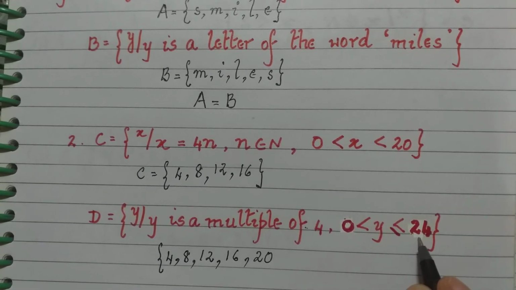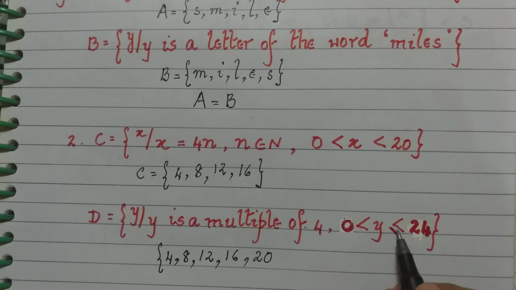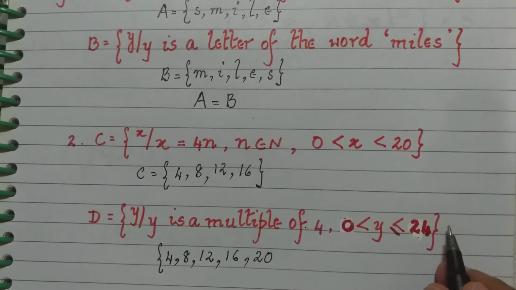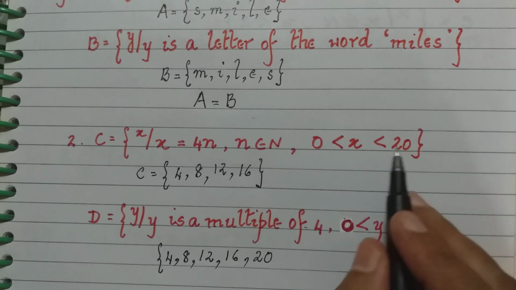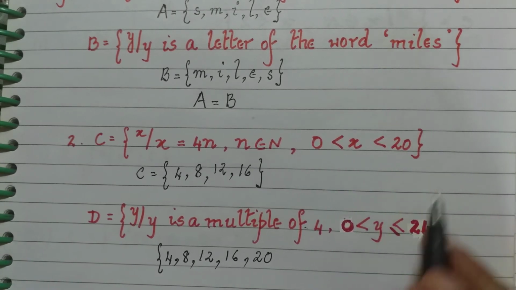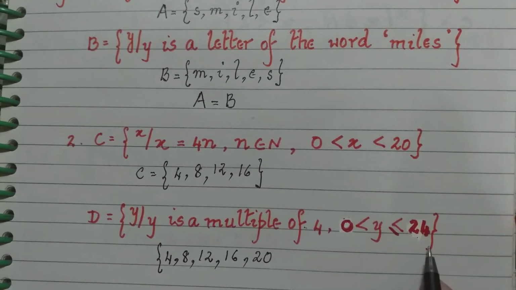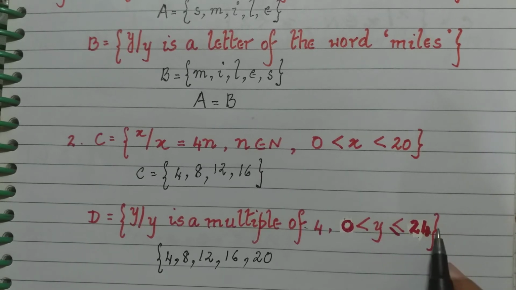So can I write 24? You see this symbol here, it is lesser than or equal to. So equal to also is considered. That means y can be equal to 24 also. Here it was x should be lesser than 20. Here y has to be lesser than or equal to 24.